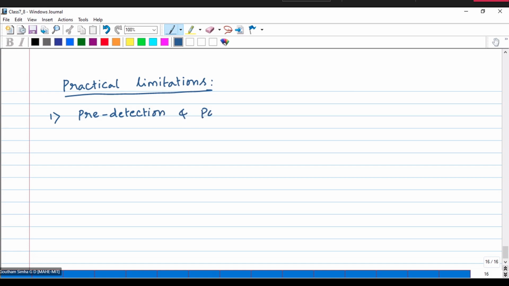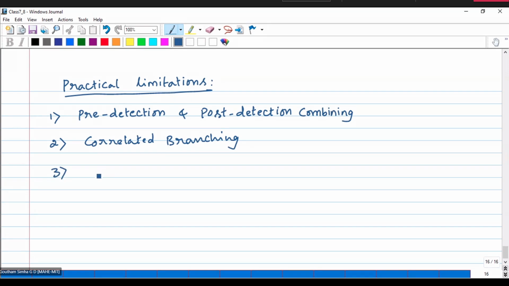Second one, what is the second one? Correlated branching. Third one, because of the correlated branching, there is the effect of correlated noise.